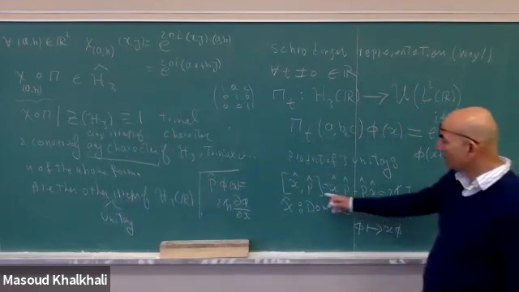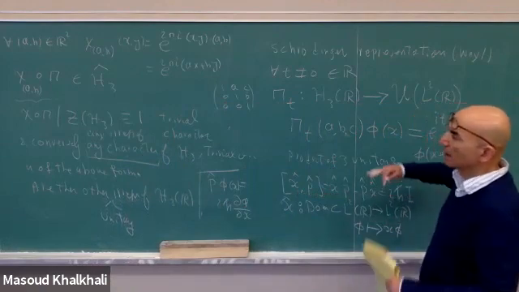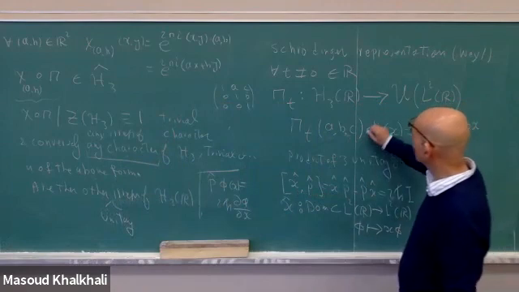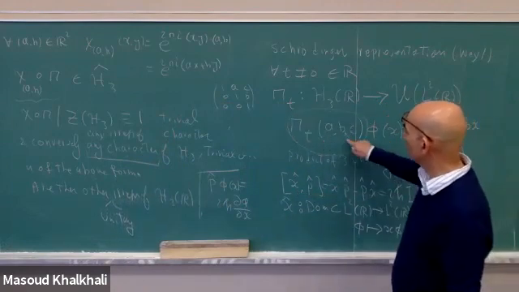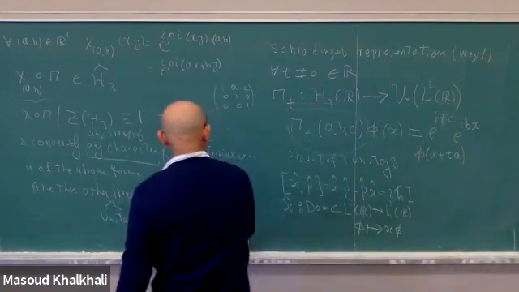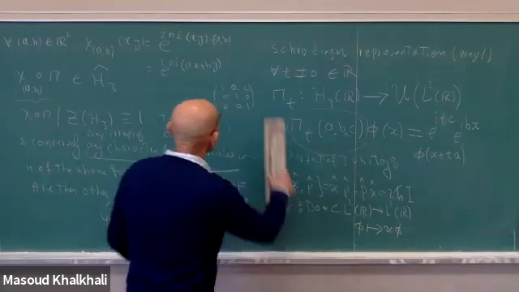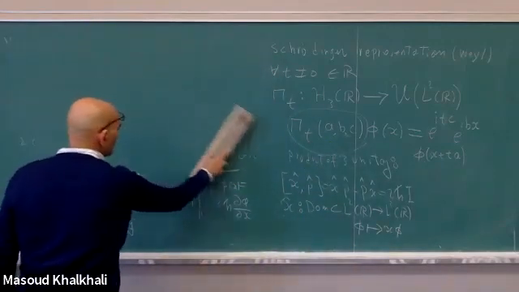And then the fact that infinitesimally they have this relation implies that in the integrated form, this pi t is actually a group representation. In other words, it preserves the group structure. This you can check easily, you can just check yourself by hand.